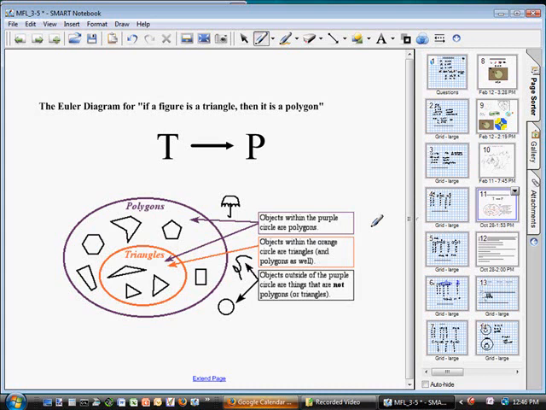Just a reminder, when you're in a statement of this type, is it important to get things in the right order? Yeah, you can't just reverse them. What did we call it yesterday when we took a statement and reversed the letters? Converse. Is a converse equivalent to the original? No. What is it that's equivalent to if P then Q?